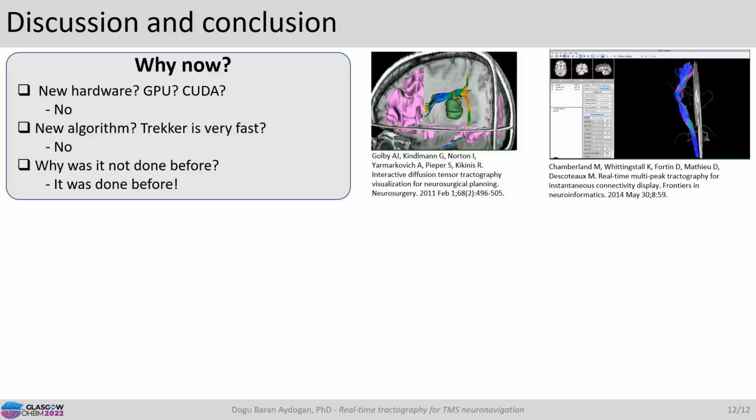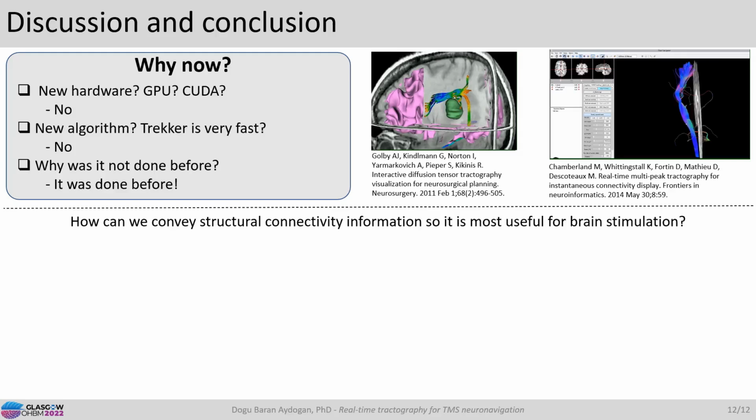So the real-time tractography idea is not really new, it's quite old. But that was also not the main problem that we set out to solve. Of course, one has to have an accurate and fast fiber tracker. It is just a prerequisite. But our main problem is, what's a good way to convey structural connectivity information to the TMS operator so it is most useful for brain stimulation?